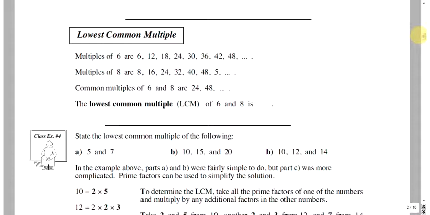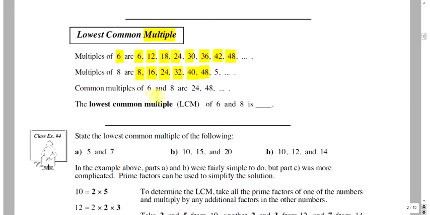Lowest common multiple. It's related, but they're entirely different. Okay? Multiples of 6, well, times it by 1, times it by 2, times it by 3, and so on and so on and so on. Those are multiples of 6. Okay? Multiples of 8, times 1, times 2, times 3.